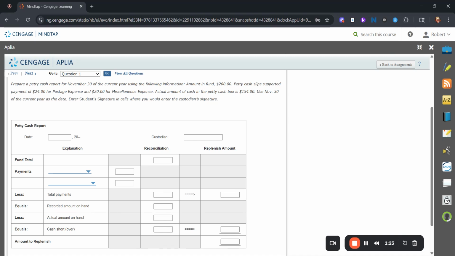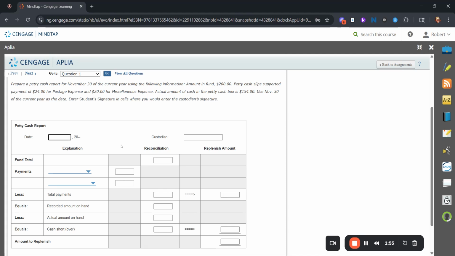So when the money's counted, there's only $154 in there after money was paid out for those receipts. So use November 30th of the current year as the date. Enter student's signature in cells where you would enter the custodian's signature. So the custodian would be the person that's in charge of the petty cash. They have custody of the petty cash.